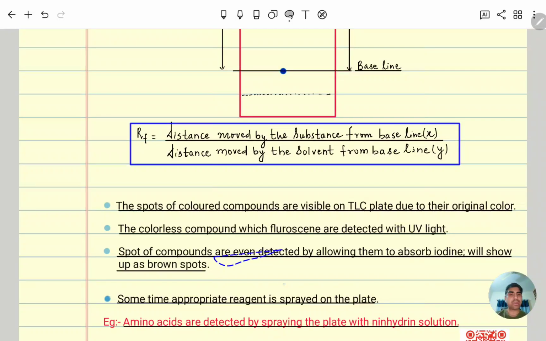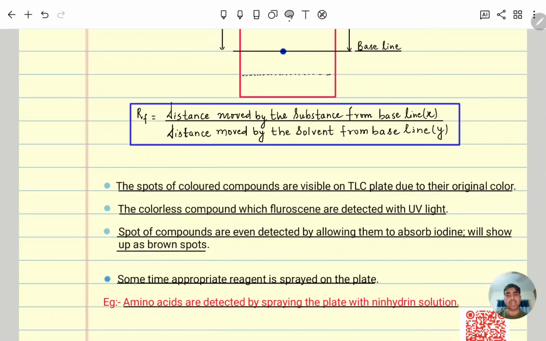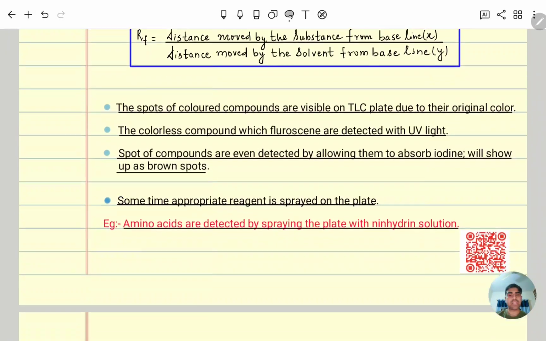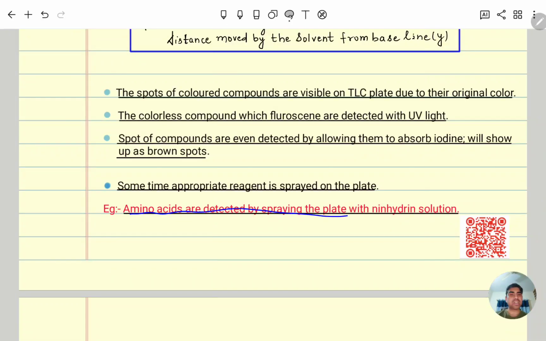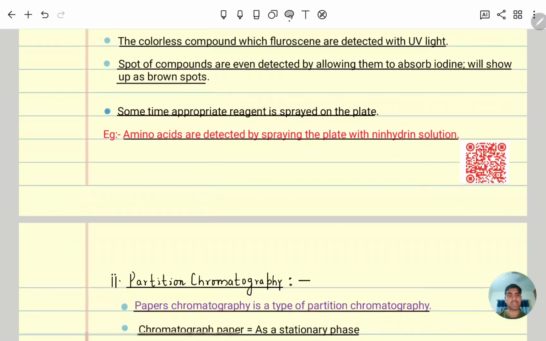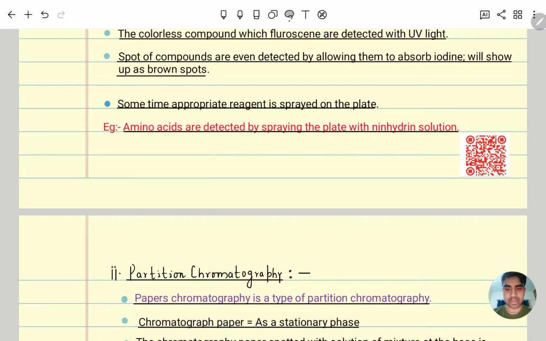Spots of compounds can also be detected by allowing them to absorb iodine. Due to the iodine, brown or black spots will come. Sometimes an appropriate reagent is also sprayed on the plates, like here you can see amino acids are detected by spraying the plate with ninhydrin solution. In amino acids we studied ninhydrin solution.